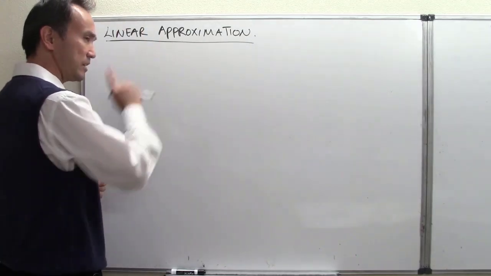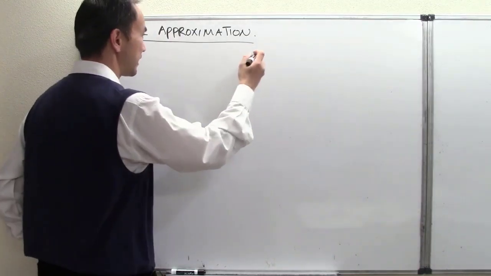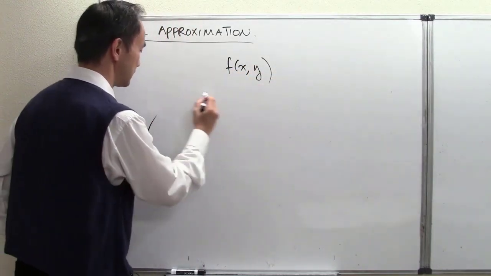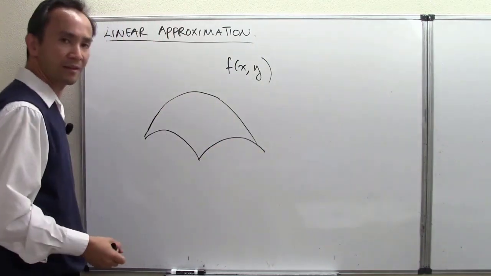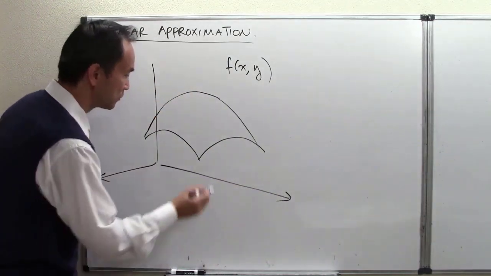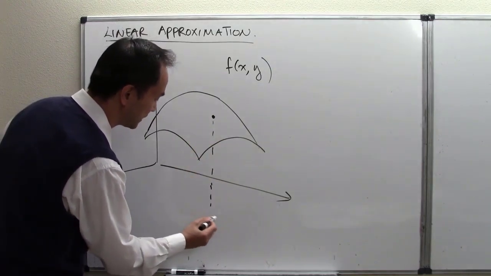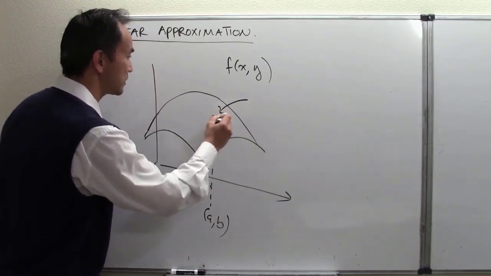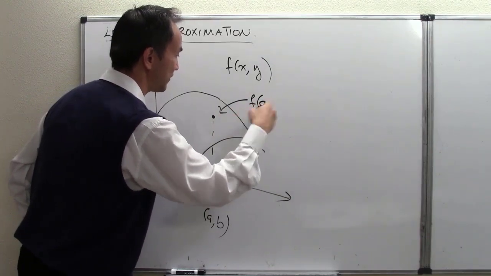So now the idea of linear approximation is as follows. You're starting out with a function f of x, y, and that function has a graph being some kind of surface. The idea now is that we want to evaluate, at a given point a comma b right here, this particular function's output, f at a comma b.